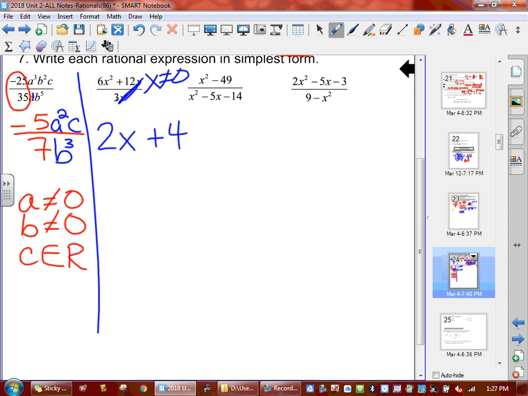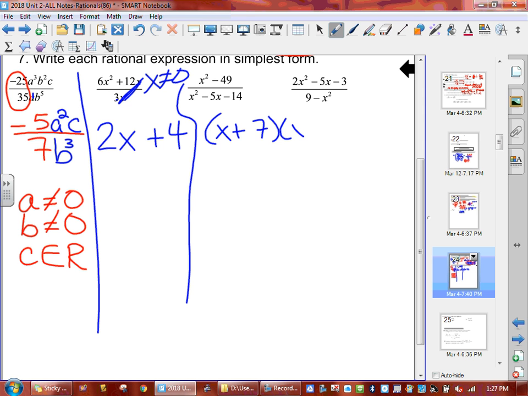All right, the next one has a difference of squares on top. So what are you going to do at the top? Square root, square root. So we're going to get two brackets, x plus 7, x minus 7, all on top of... We do the diamond on that guy, and we're going to get x plus 2 and x minus 7.